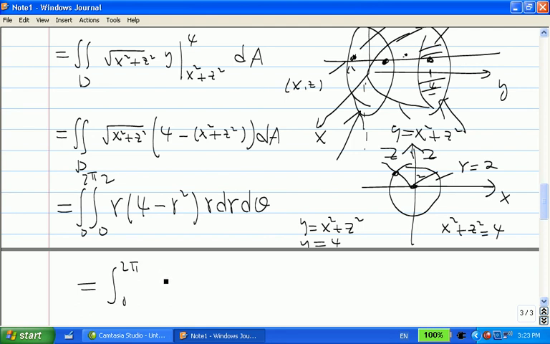Integrate this, you get 4r squared minus r to the 4th, dr d theta, from 0 to 2 pi.